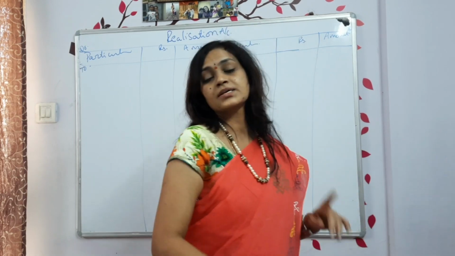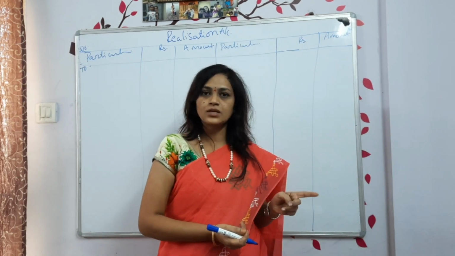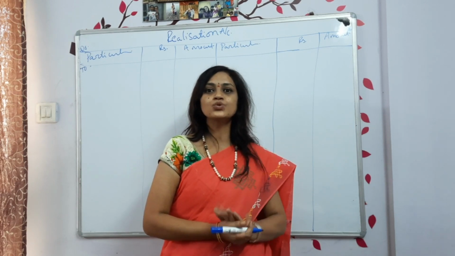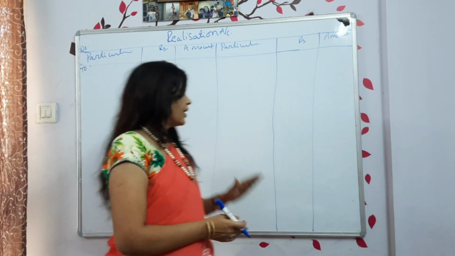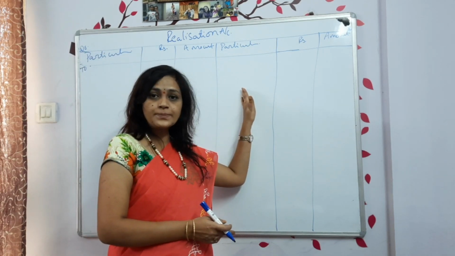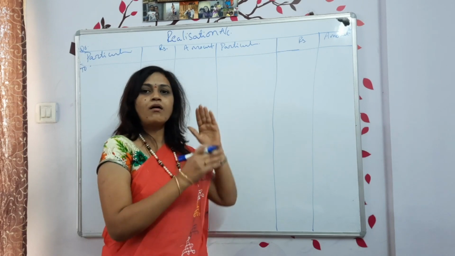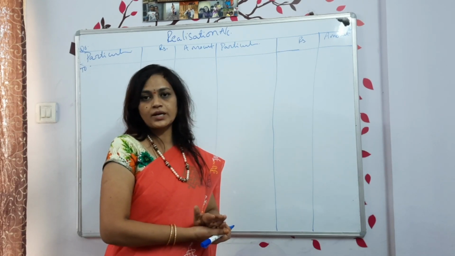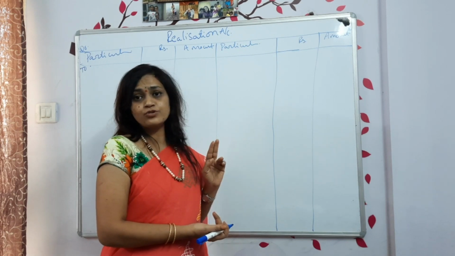Next, debtors. Debtors 28,000 less provision for doubtful debts or bad debts, which is 2,000. You can take debtors 28,000 here and provision for bad debts as a liability 2,000 here, or else directly subtract the amount and write 26,000. Any method you can follow.